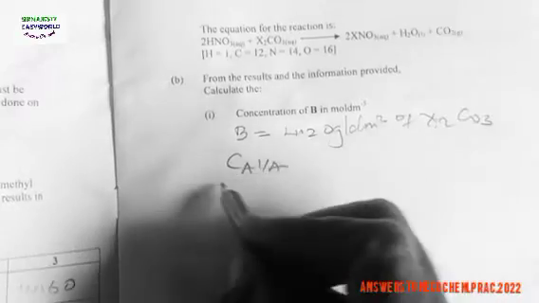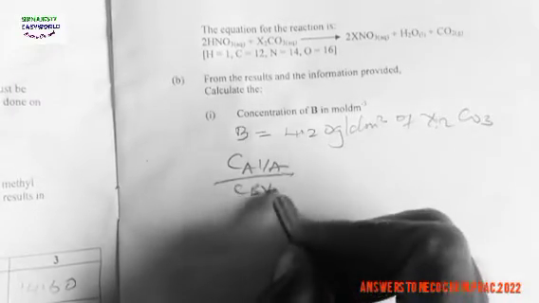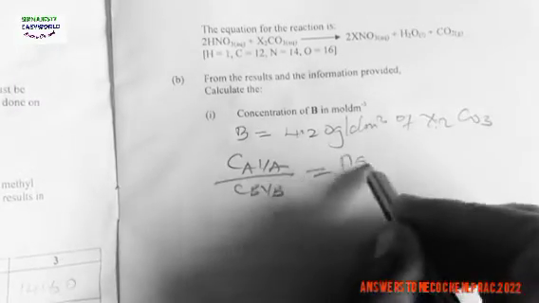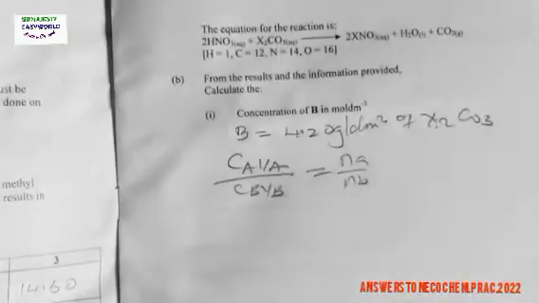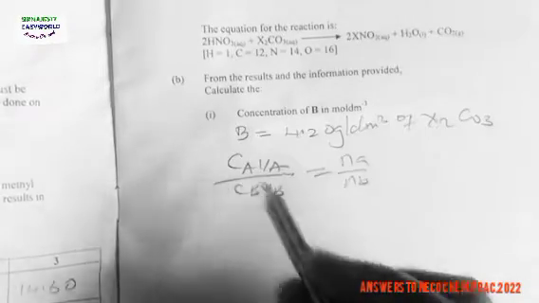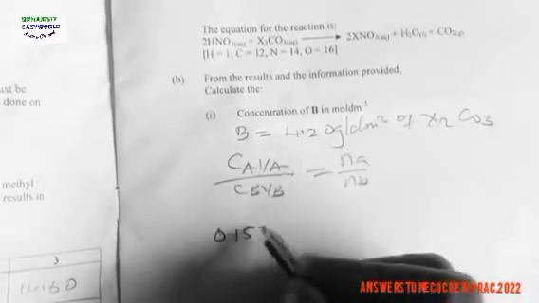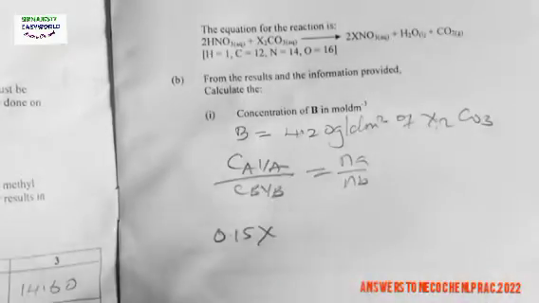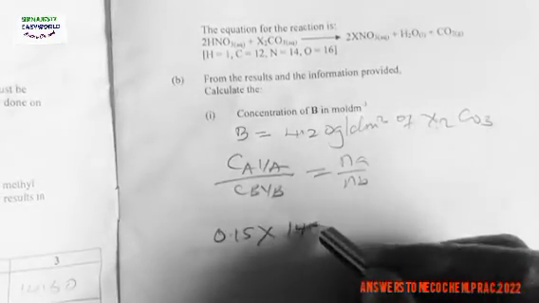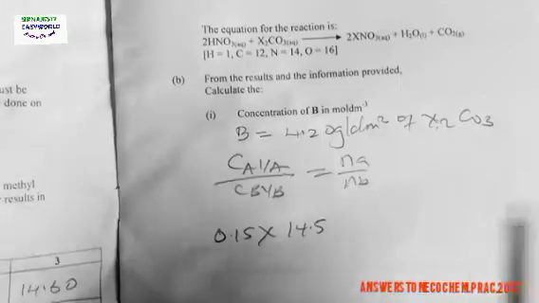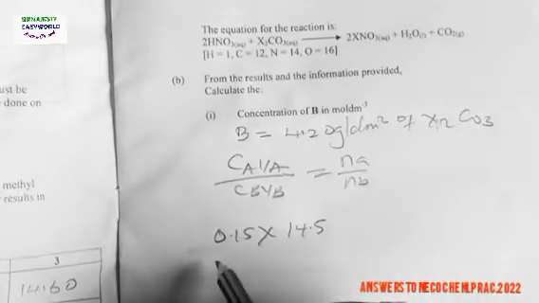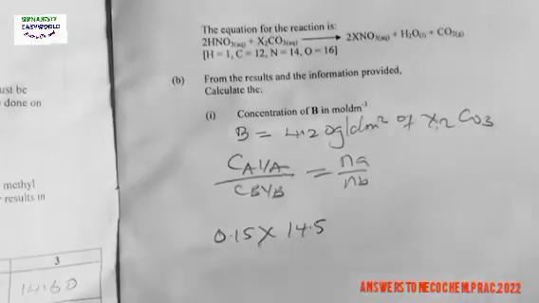Therefore, you are going to use CAVA over CBVB equals NA over NB, where CA is the concentration of acid, which was given as 0.15. Your VA is the average volume of acid, which I got as 14.5. Remember, it's not a must to use 14.5; it depends on what your school teacher filled in the practical report.